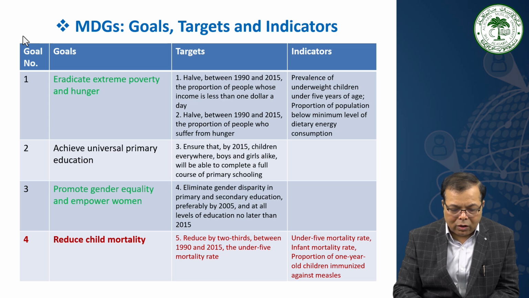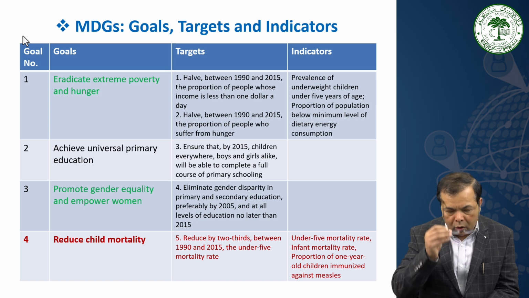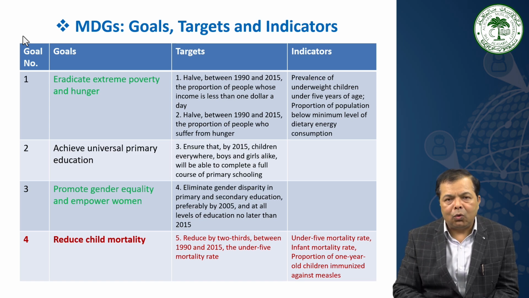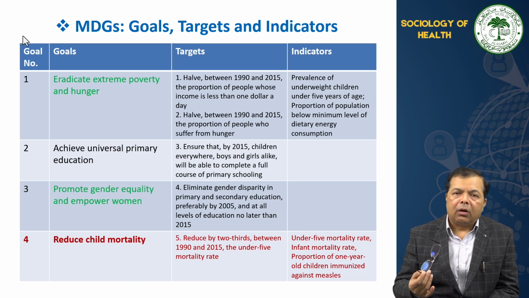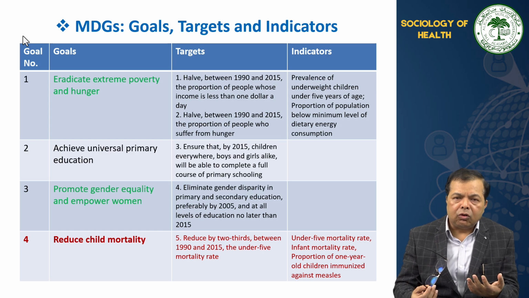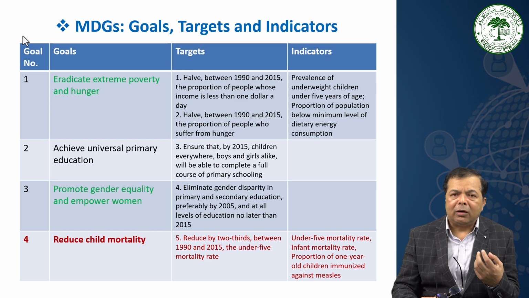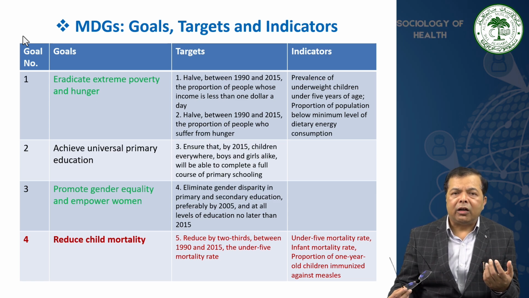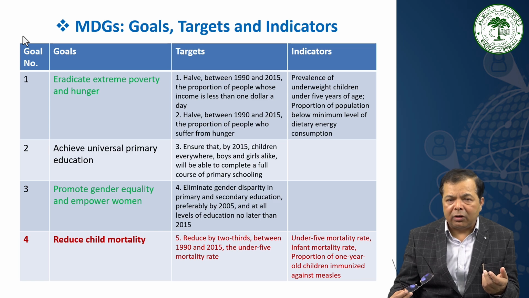The second goal talks about achieving universal primary education. We already talked about education, so the focus here is on primary education. Now it would be interesting to know that there is a general agreement that primary education should be taken care of by the state, because higher education is related with the problems of affordability, right?